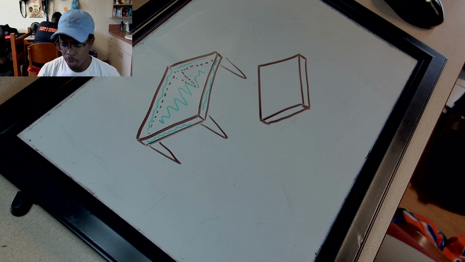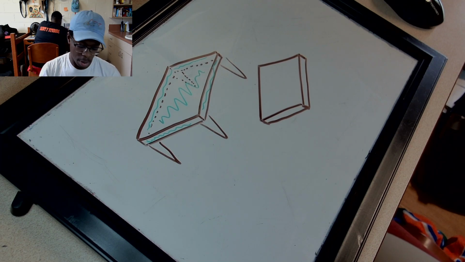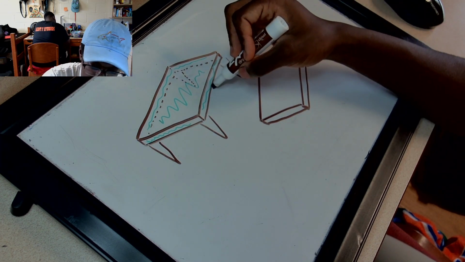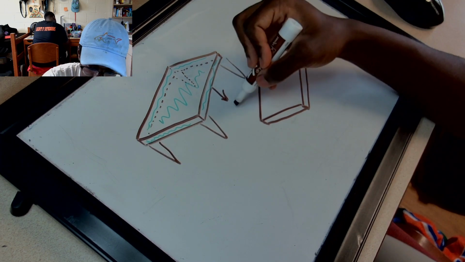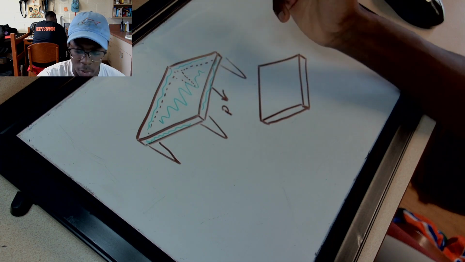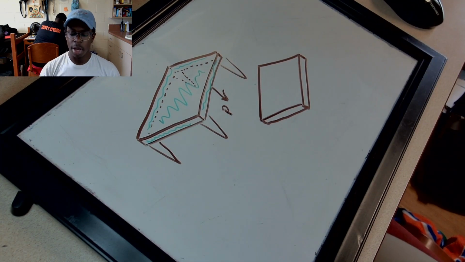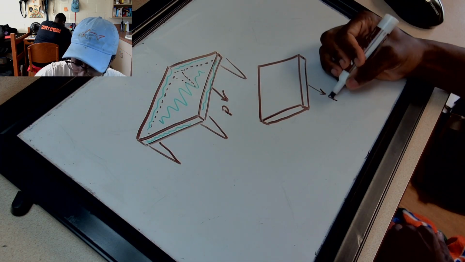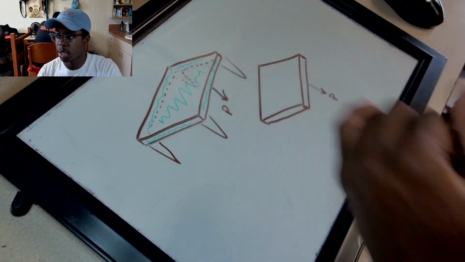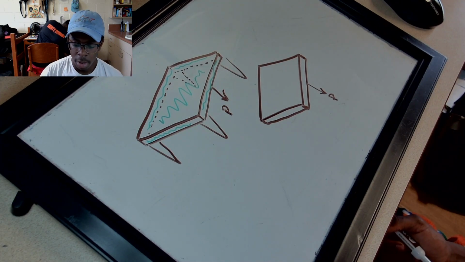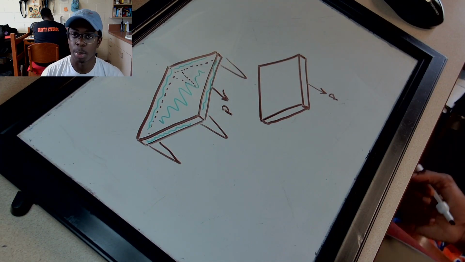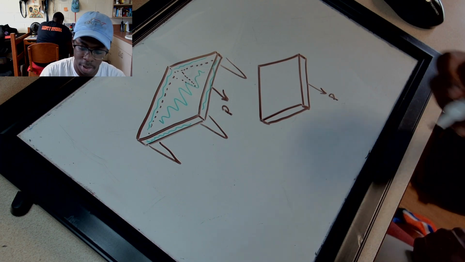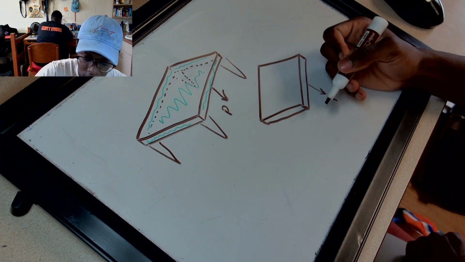Now let me add an applied force as well. So maybe we have some force P acting right there. Now on our free body diagram, we're going to draw P as well, because that force is being applied to our tabletop. Now we've removed supports also, so we need to add the forces associated to those.